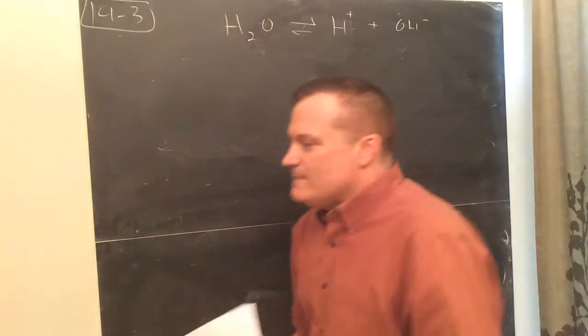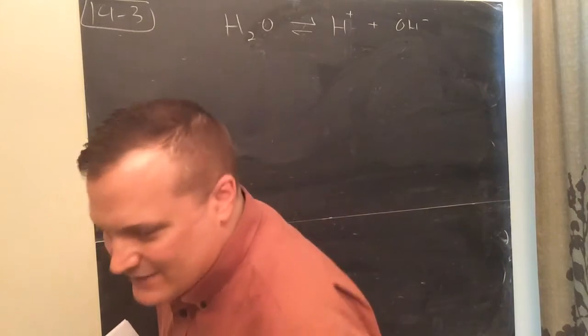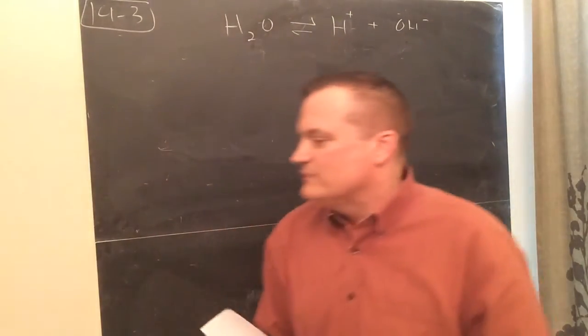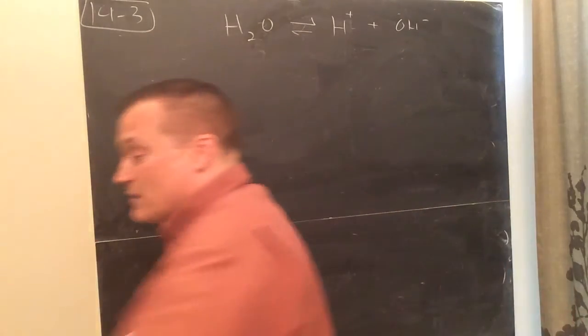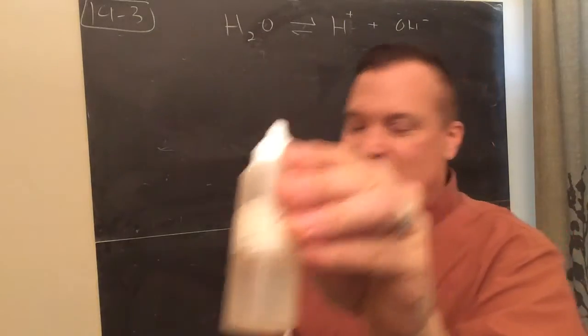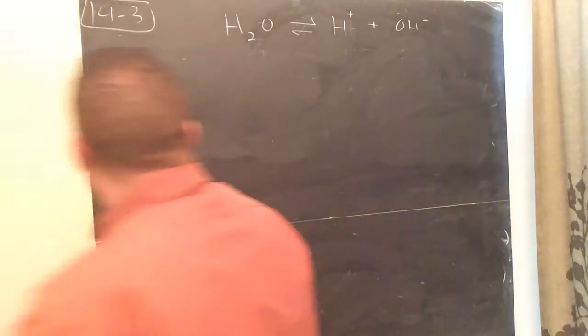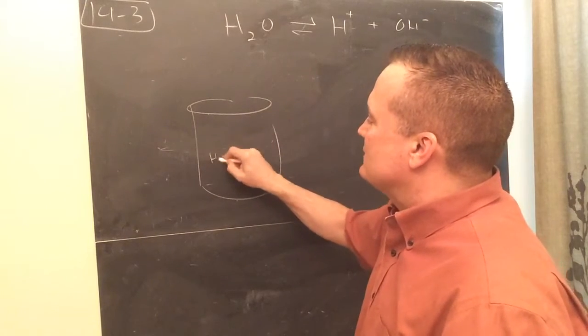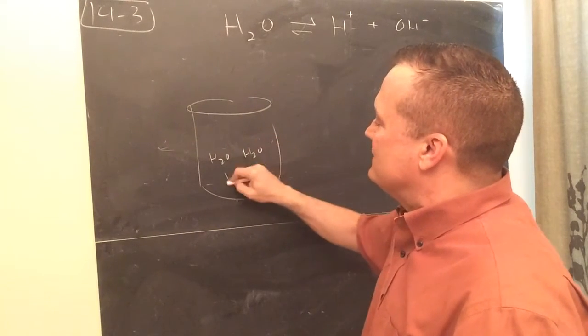Okay, so in a container of water, well, it doesn't have to be pure water. It could be a solution. Doesn't matter. But all the water you see in here, most of the molecules in that container are intact. They're H2O molecules. They're not broken up. They're not dissociated.